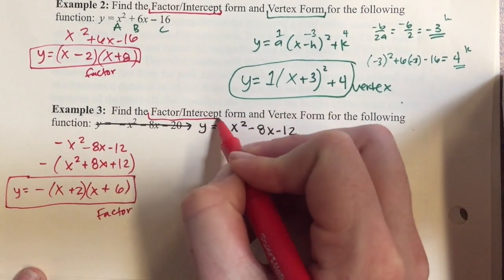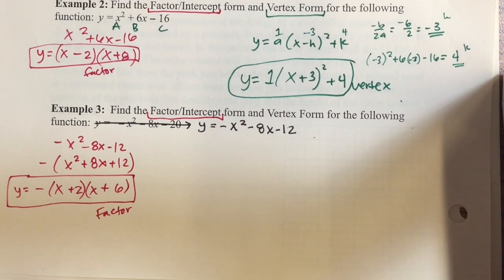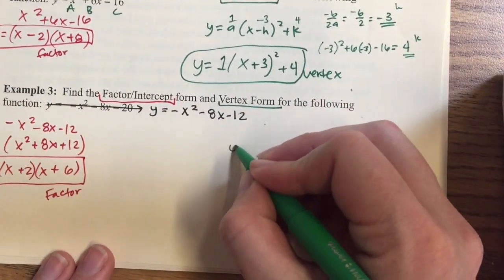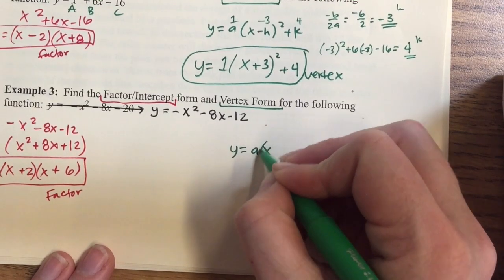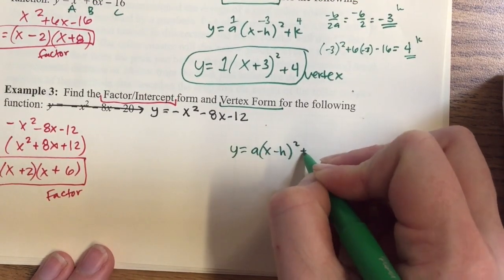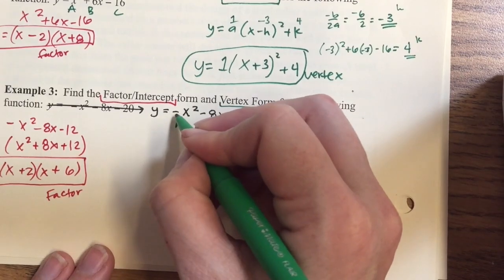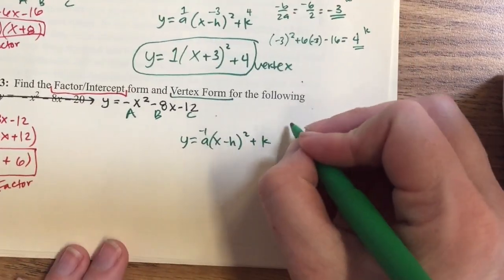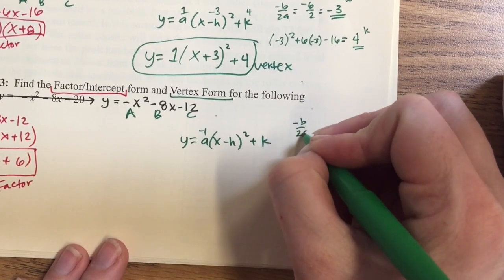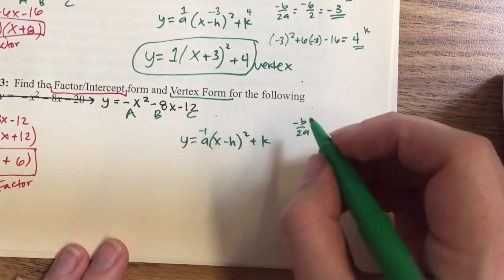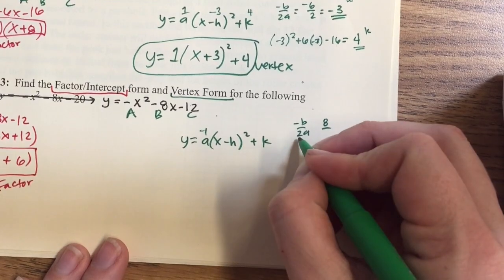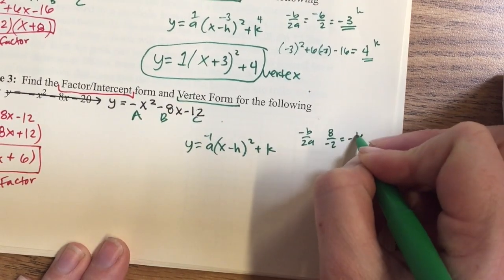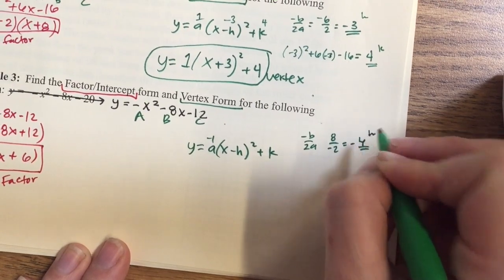Now it wants the vertex form. So I write out y equals a times x minus h squared plus k. I know a is a -1. So then I can do negative b over 2a. That would give me a positive 8 divided by 2 times -1 is -2 to get a -4 for the h.